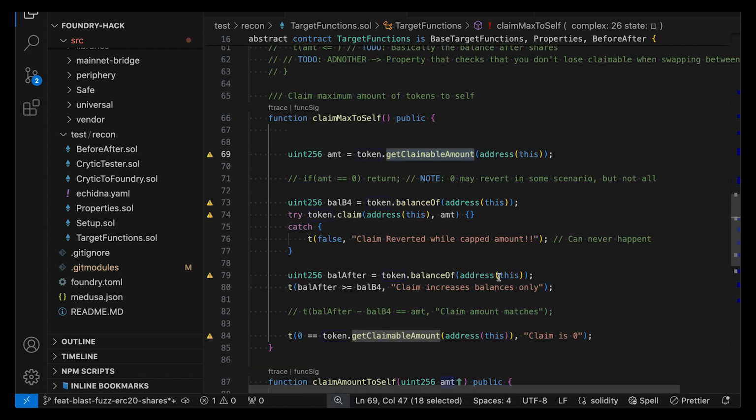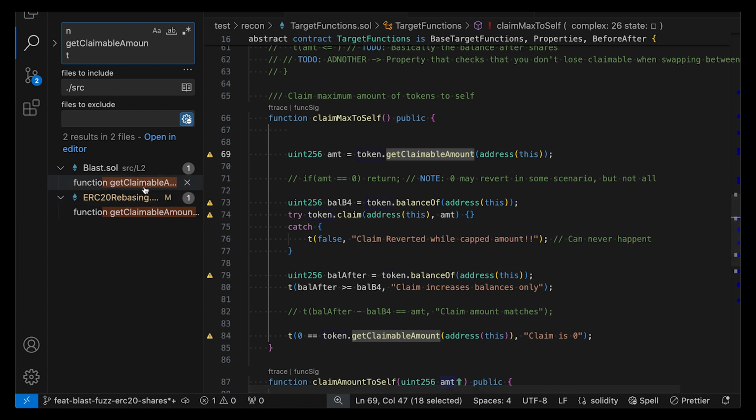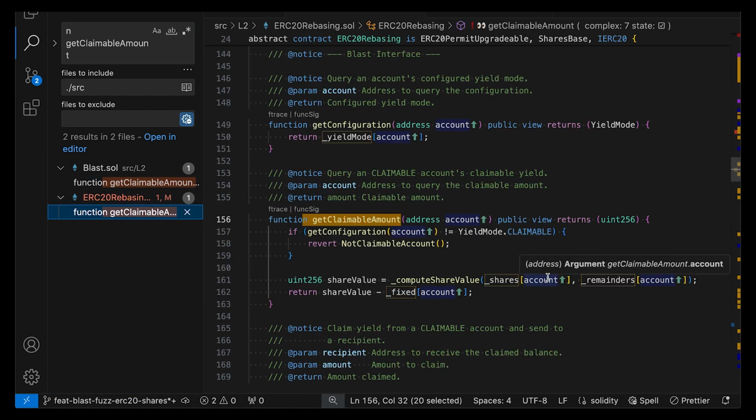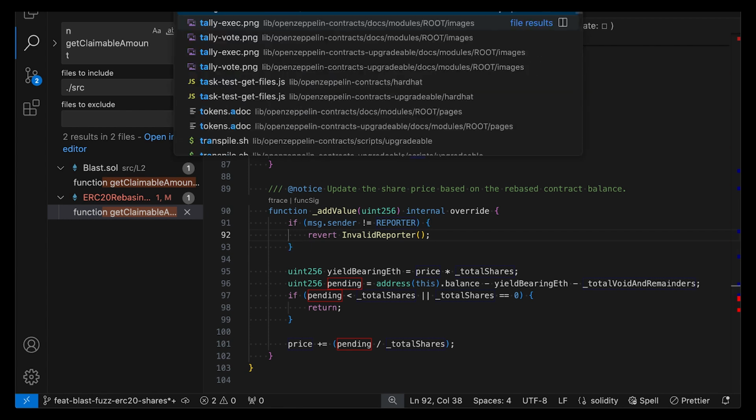Basically, you will check for the claimable amount. That's obviously dependent on your mode, but going back to what claimable is, it's the amount of rewards you can get when you have the claimable mode. So anytime you're in automatic or in void mode, you would have 0 claimable, but anytime you don't, then that's what you would do.